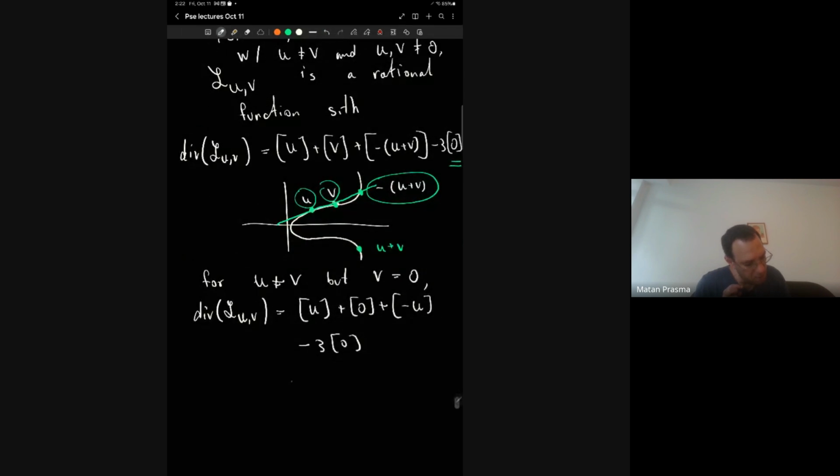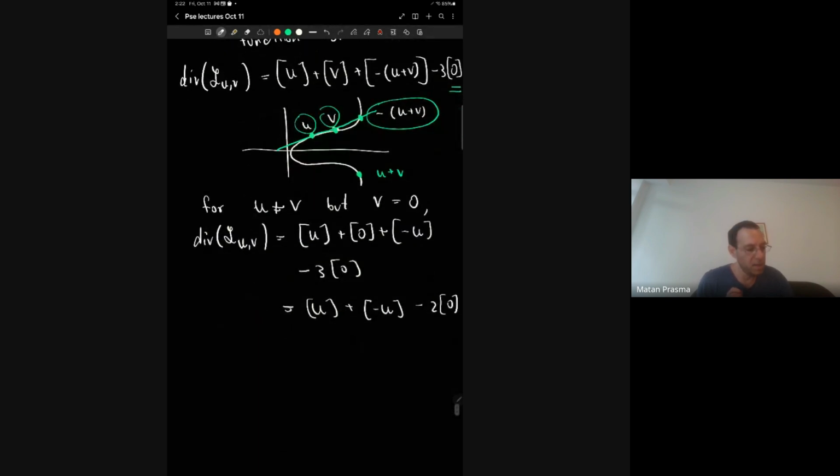So this is equal to U plus minus U minus 2O. This is for U not equal to V, but V equal to 0, and similarly, if U is equal to 0, then you get the same, but with V.